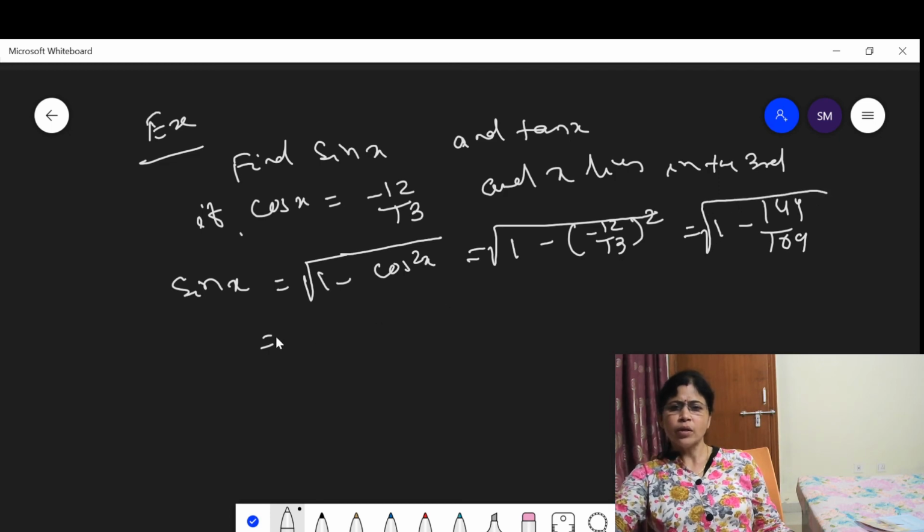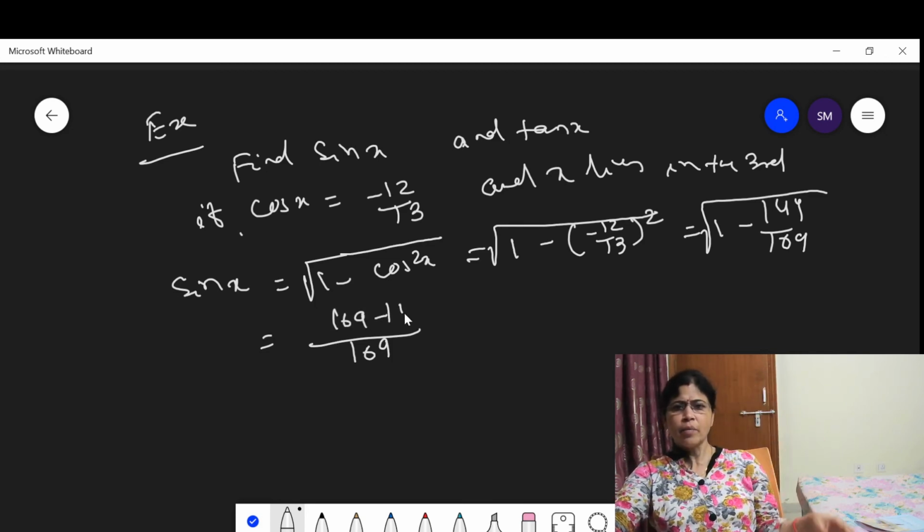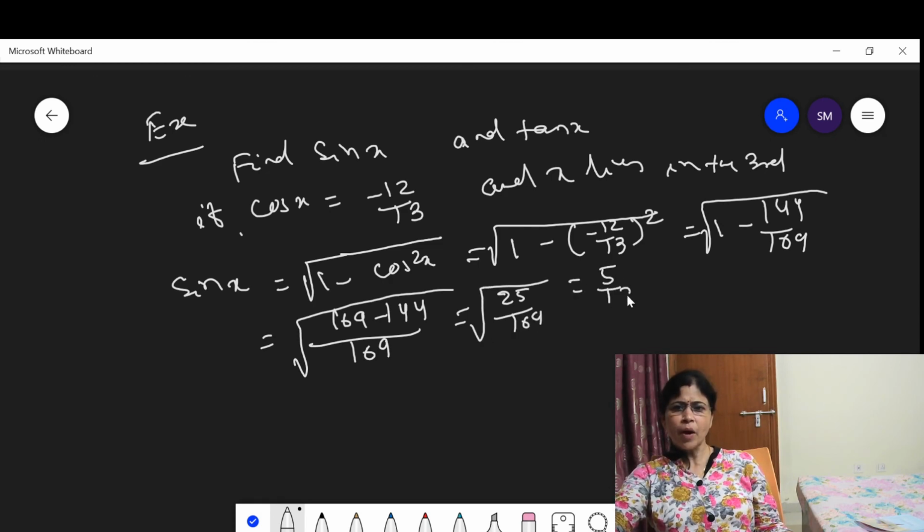Here 169 is the LCM, and this is square root of 169 minus 144, which is equal to square root of 25 upon 169. This is equal to 5 upon 13.